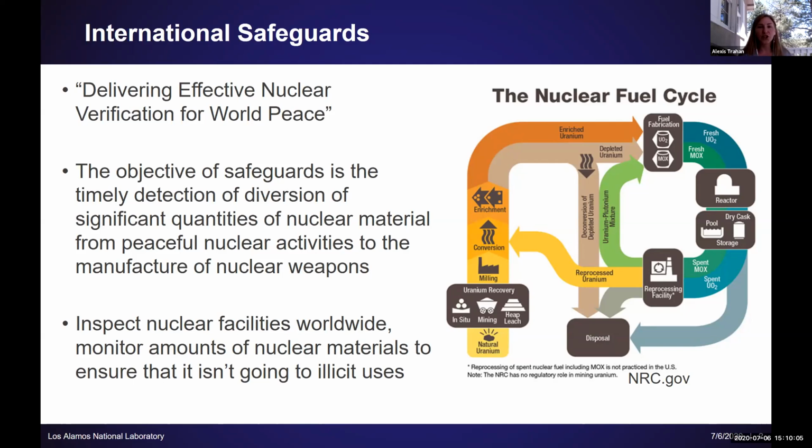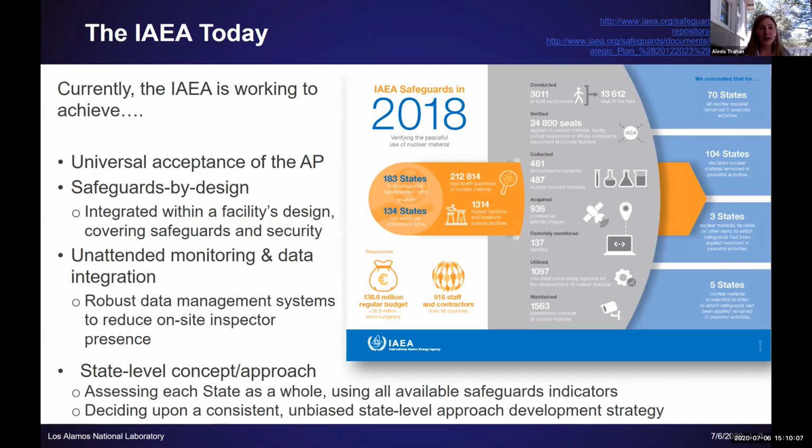Okay, the IAEA today, the International Atomic Energy Agency, is the body that is responsible for implementing safeguards. They have a lot on their plate. This infographic I got for 2018 on the right here shows that they have monitoring activities in 183 states.